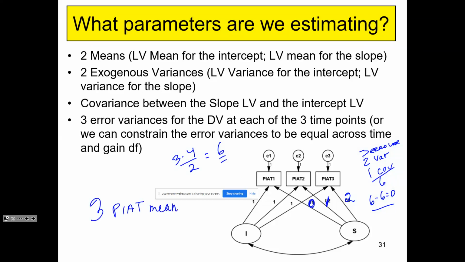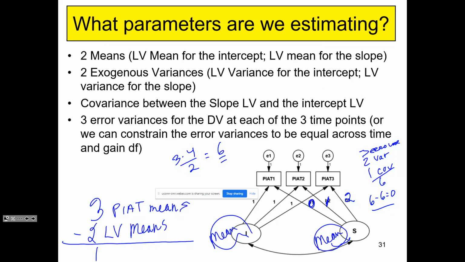But I'm going to estimate a mean for this, and a mean for that. So I've got 2 latent variable means that I'm estimating. And 3 minus 2 gives me the 1 degree of freedom, and that 1 degree of freedom is coming from the mean structure, not from the variance covariance structure.